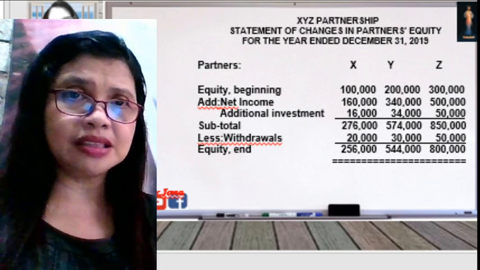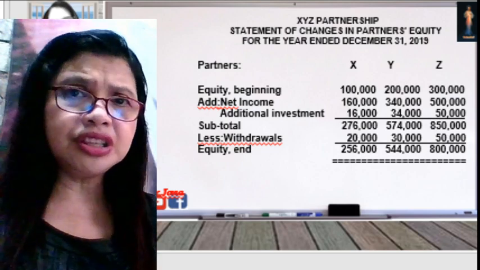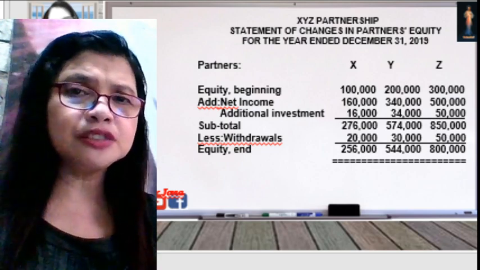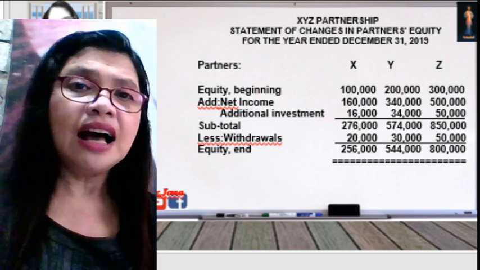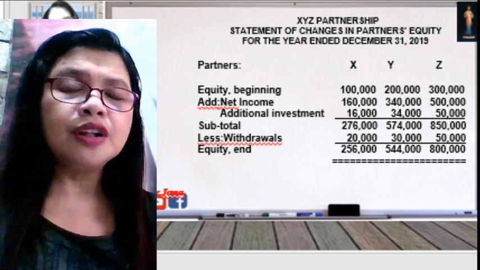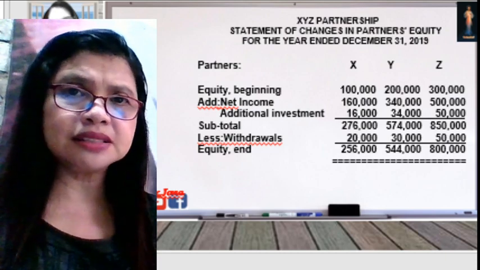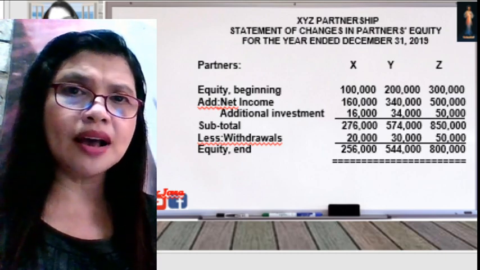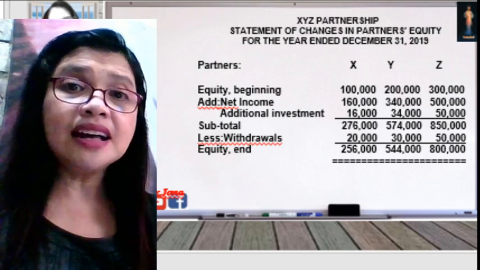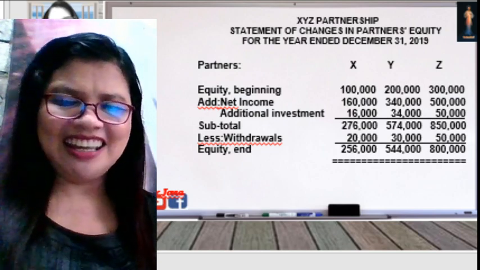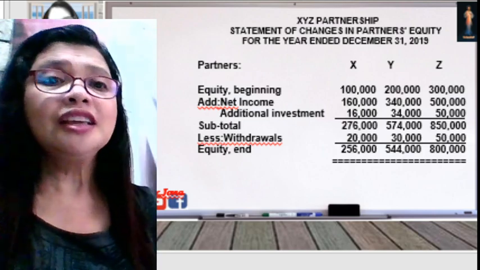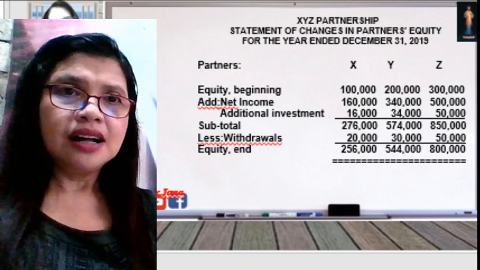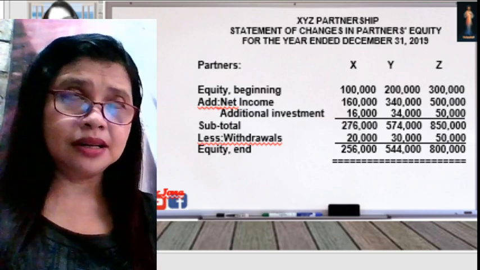So less 20,000 for X, less 30,000 for Y, and less 50,000 for Z. Then it will give us an ending equity of 256 for X, 544 for Y, and 800 for Z.